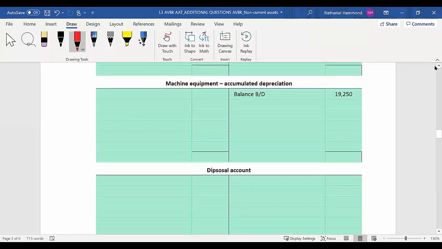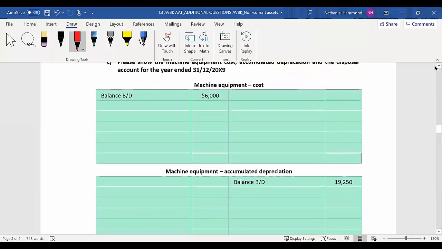So if we look back at those original steps, the first thing that we need to do is remove the cost of the original asset, which was £56,000 as we've been told. And a good indicator of that is we can see on the balance brought down, that was the original value. So we're going to credit the machine equipment account.